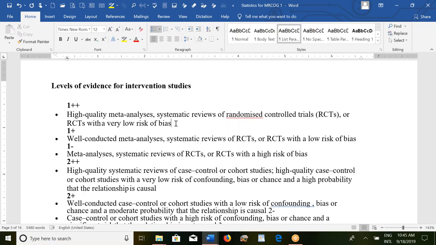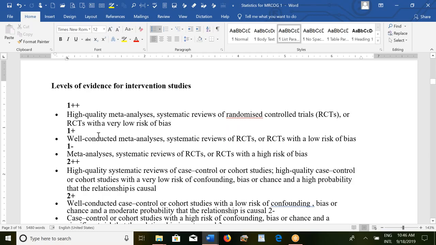Then this is a selection bias, because we are comparing a younger group diagnosed at an early stage and saying that they lived for a longer time. So this is also a bias, and we are comparing wrong populations. So the highest level of evidence will come from meta-analysis, systematic reviews of RCTs, or randomized controlled trials with a very low risk of bias. That is the highest level of evidence.